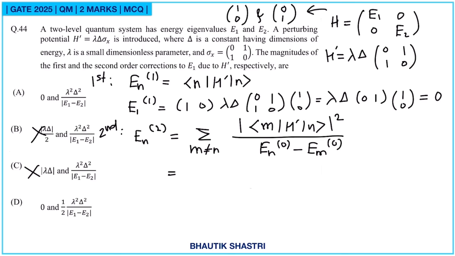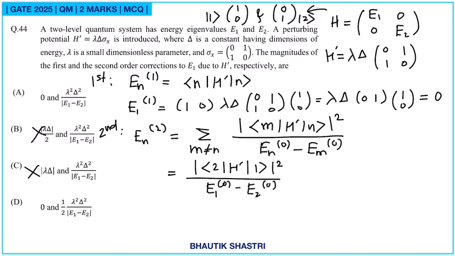So this will be equal to, so m should not be equal to n, and we have this, let's call this as ket1 and this as ket2. So it will be mod of <ket2| and we have H dash here and |1> mod square upon energies. So that will be 1 and 2 here. So 1, 0 minus 2, 0.